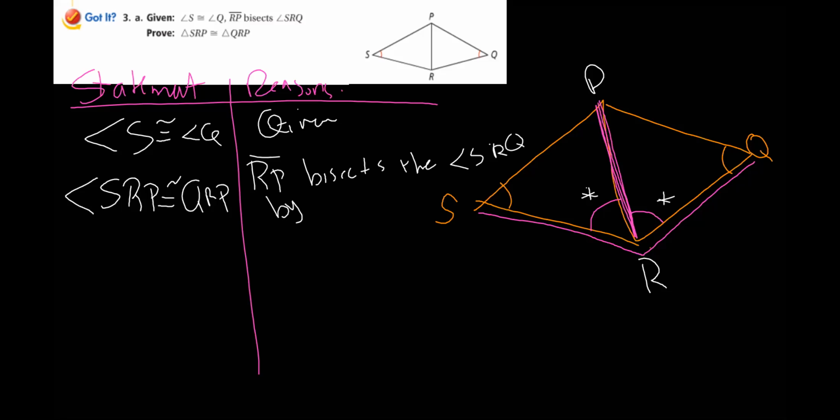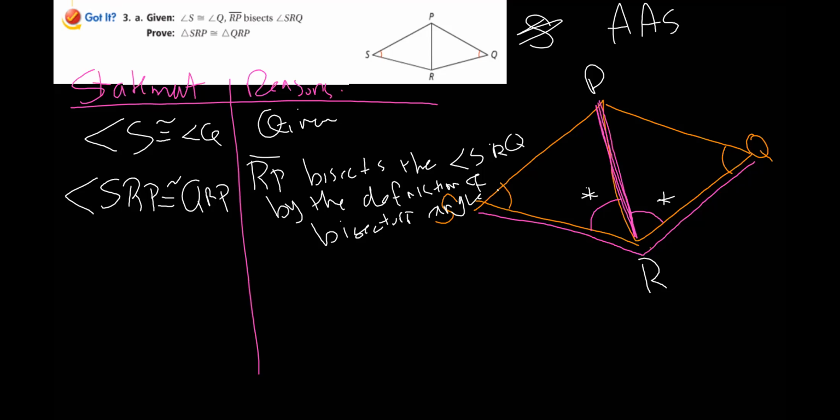Then I say that this angle and this angle are congruent. So I now have two angles that are congruent.